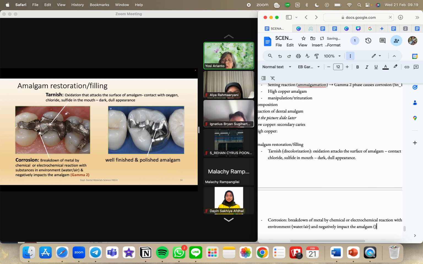That's why, for the condition of the restoration, by visiting the dentist and having the amalgam polished, it will be like this.